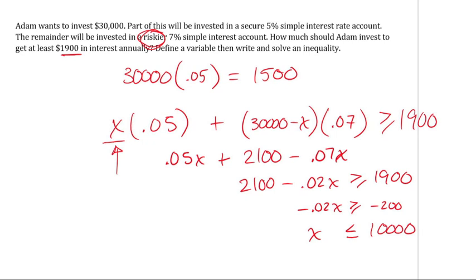Even if I put $0 in the safe one, it would still give me 2,100 a year. So the answer is he can invest anything that's $10,000 or less in the 5% simple interest account.